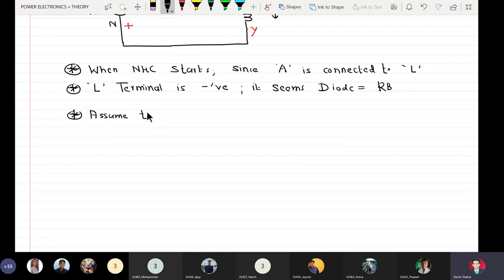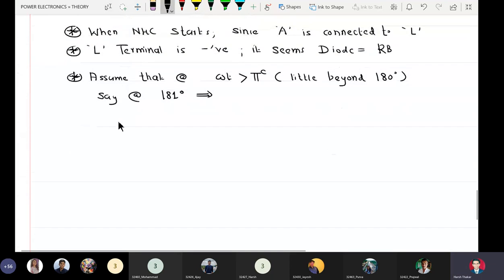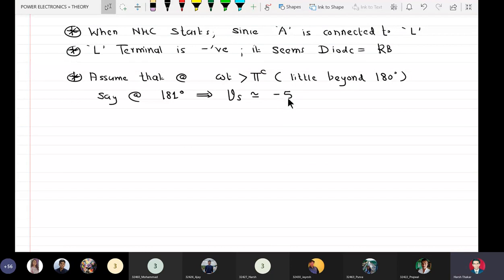Assume that at omega t greater than pi radians, a little beyond 180 degrees, say at 181 degrees, the source Vs is approximately equal to minus 1 volt.